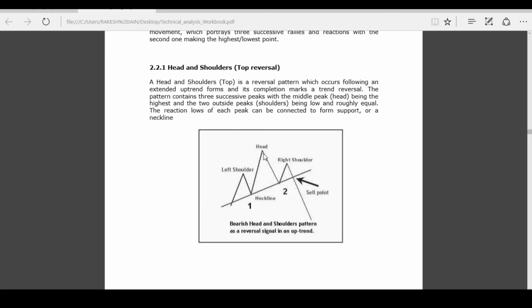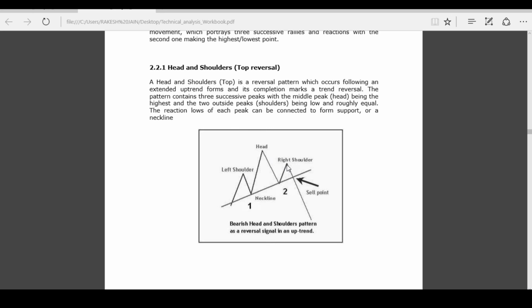So 610 it went, then it went back and made say around 595. There was a correction, and after that correction the stock again went on to make a higher high. That is the tendency of the stock. Because it is in an uptrend, it is making higher highs and higher lows. So here it is taking a price of say 625, which is higher than 610.